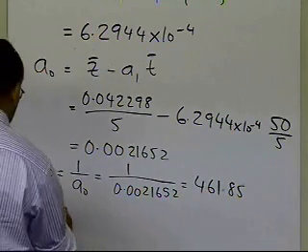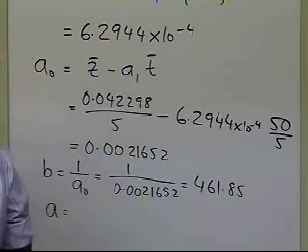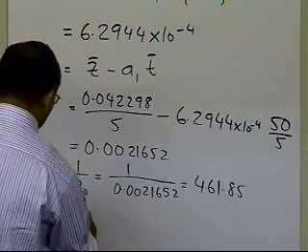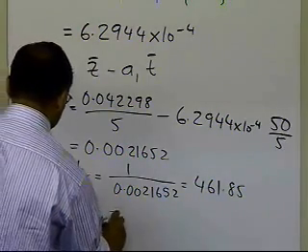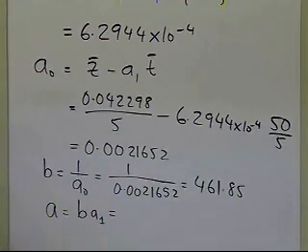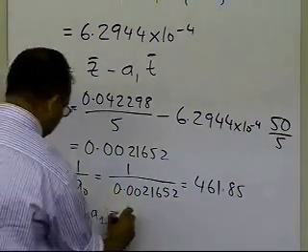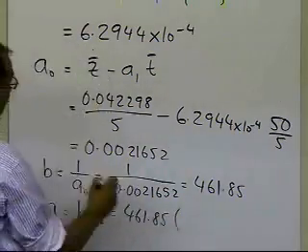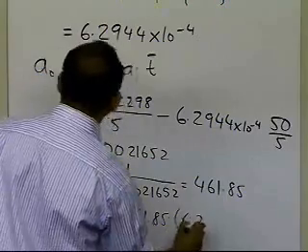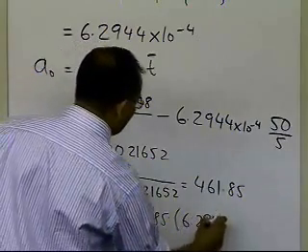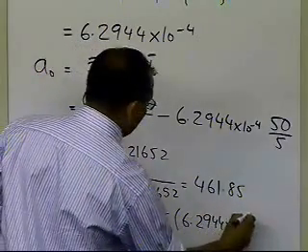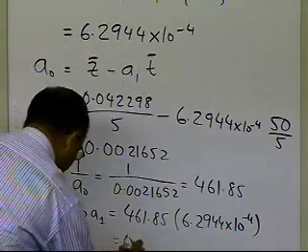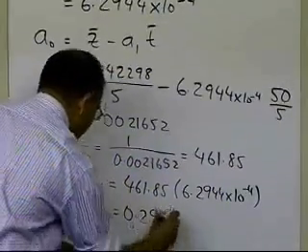Now a is equal to b times A1. I know b, which I just found out to be 461.85, and A1 I just found out to be 6.2944 times 10 to the power minus 4, and that value turns out to be 0.29071.